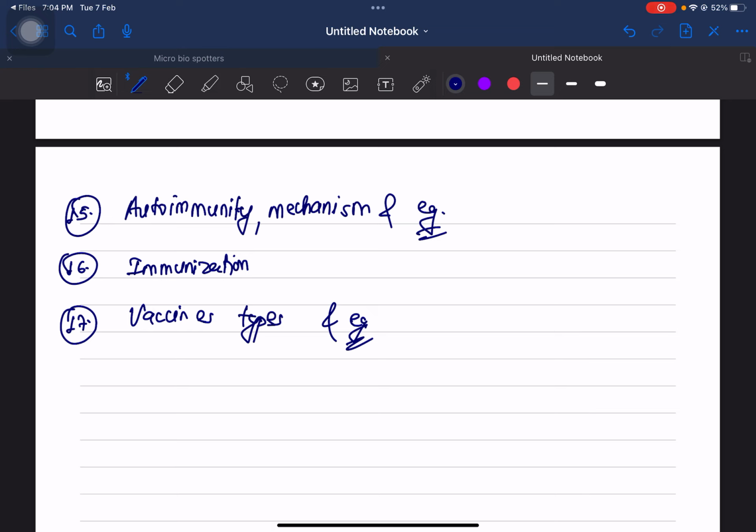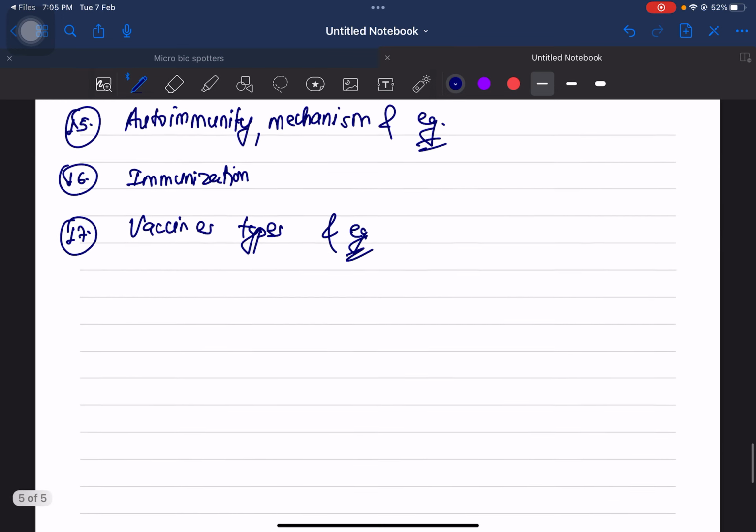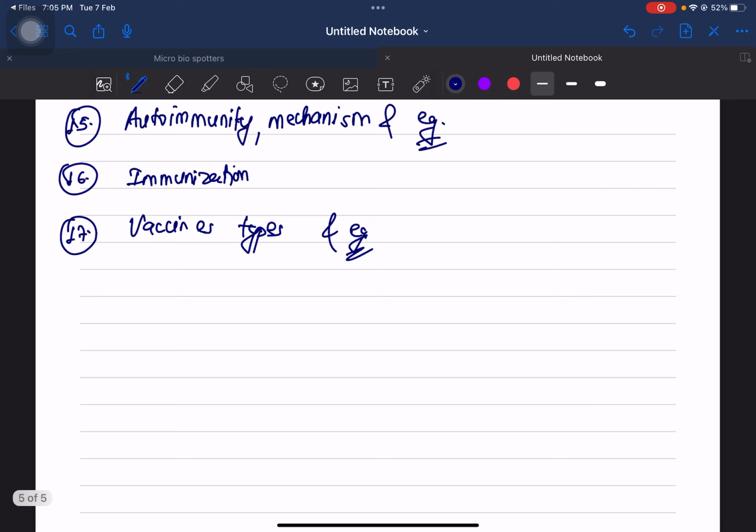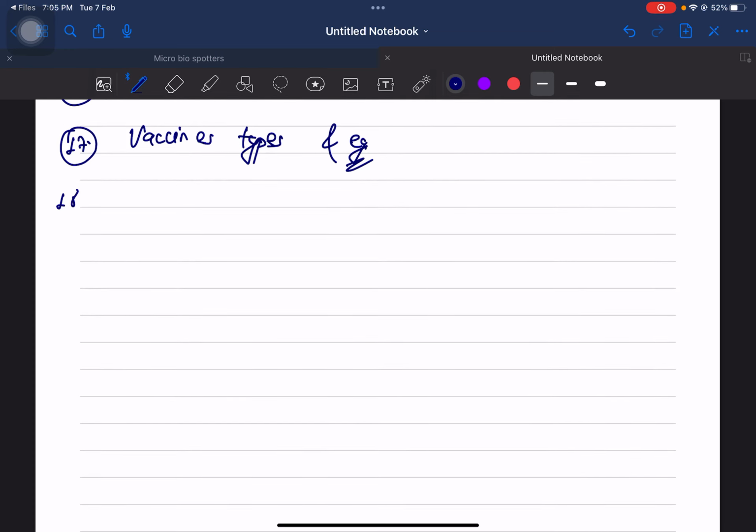So now we go to paper 2. In paper 2, things are quite important, and they are quite smaller topics, like the skin infections.